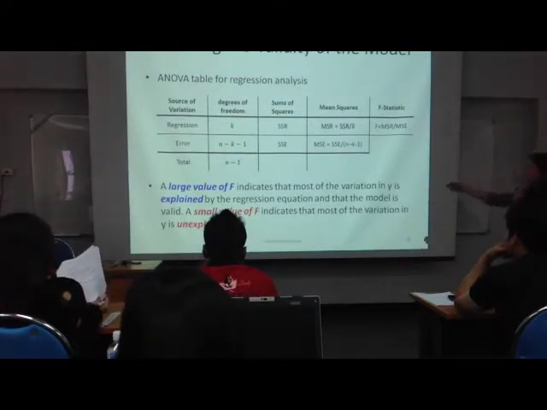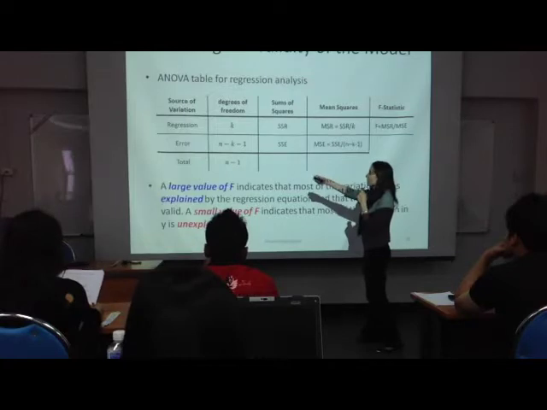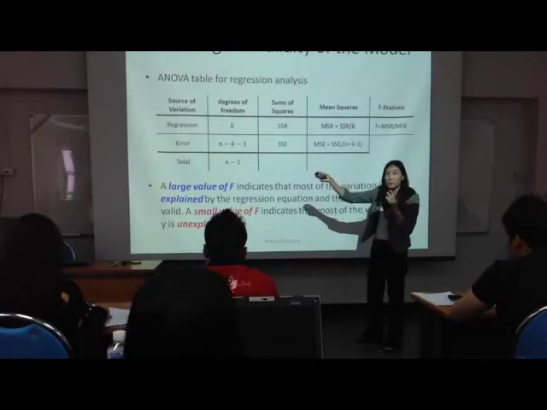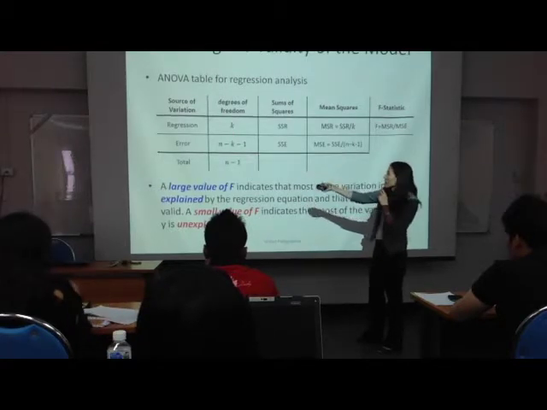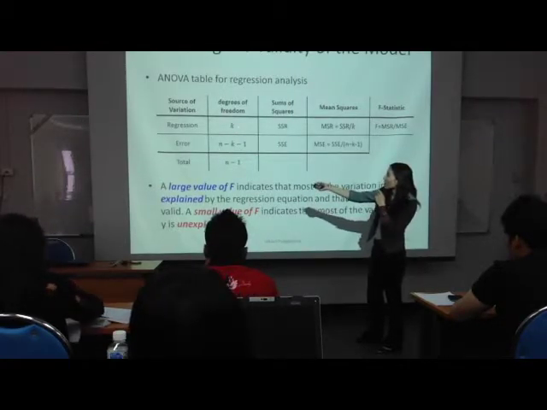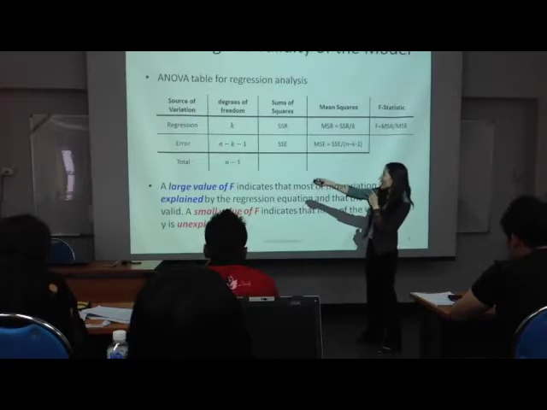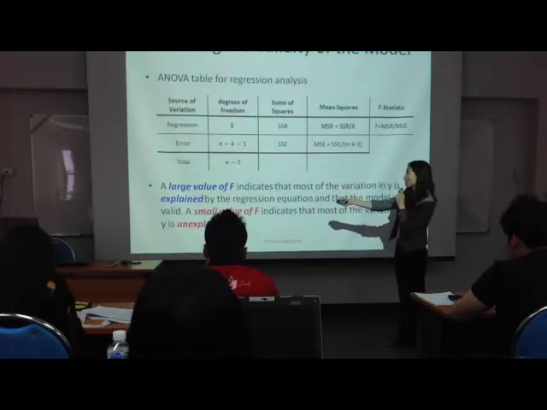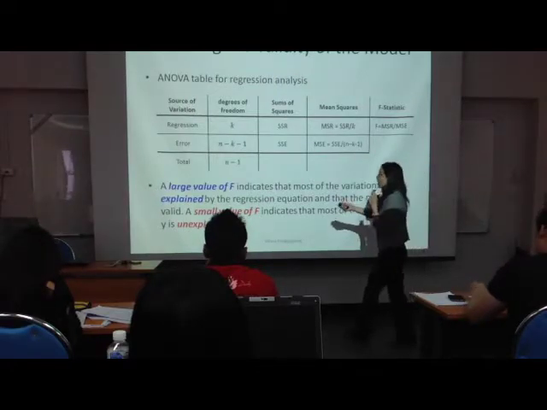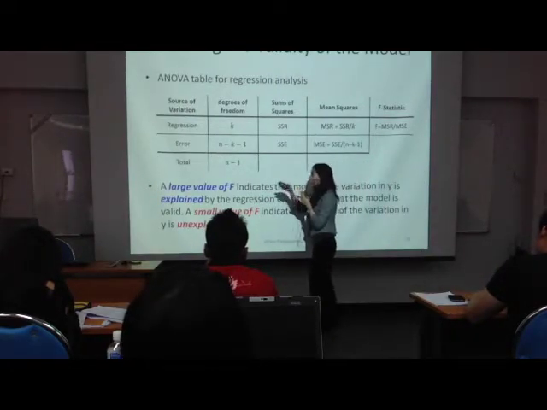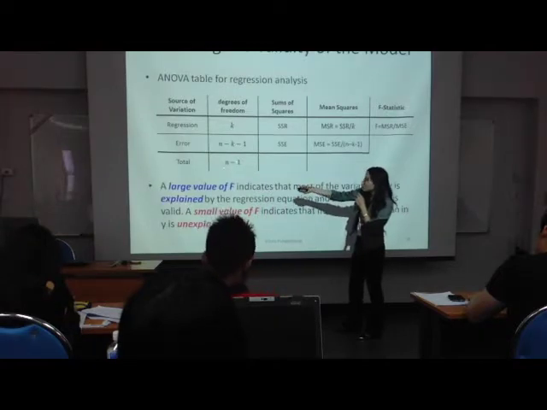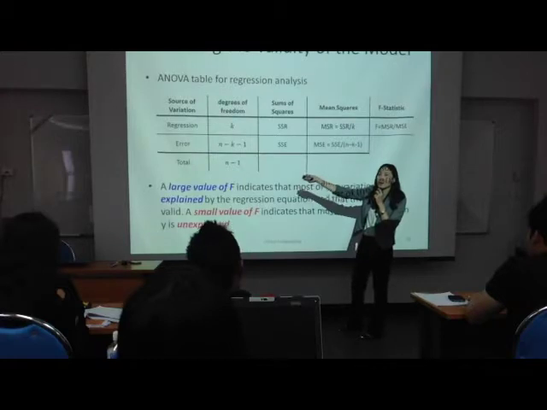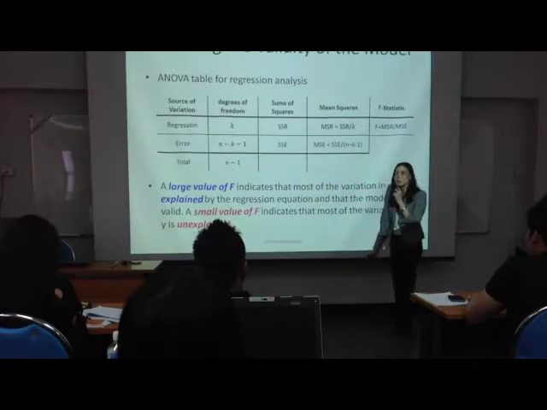The first column is the degrees of freedom, where k is the number of x variables. The degrees of freedom for the error is n minus k minus 1, and the total comes from k plus n minus k minus 1, so you get n minus 1.